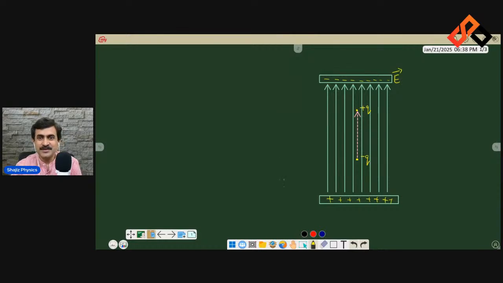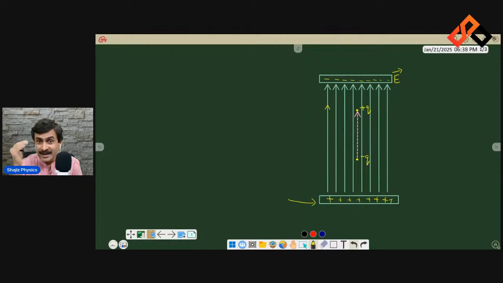See, where is the positive end of the electric field? This is the positive charge from where the electric field is getting generated, and it is acting towards the negative plate. So whenever the positive charge is remaining here, the repulsion by the positive plate will be the minimum or least.